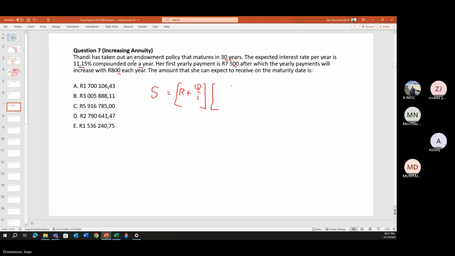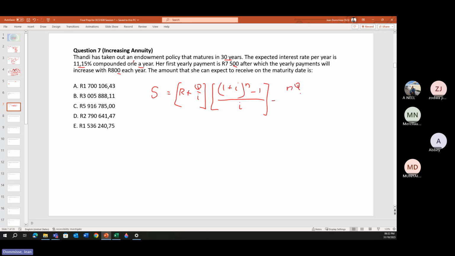Then it is the interest formula. And again, you will find this in that formula page that I will share with you again after the session.